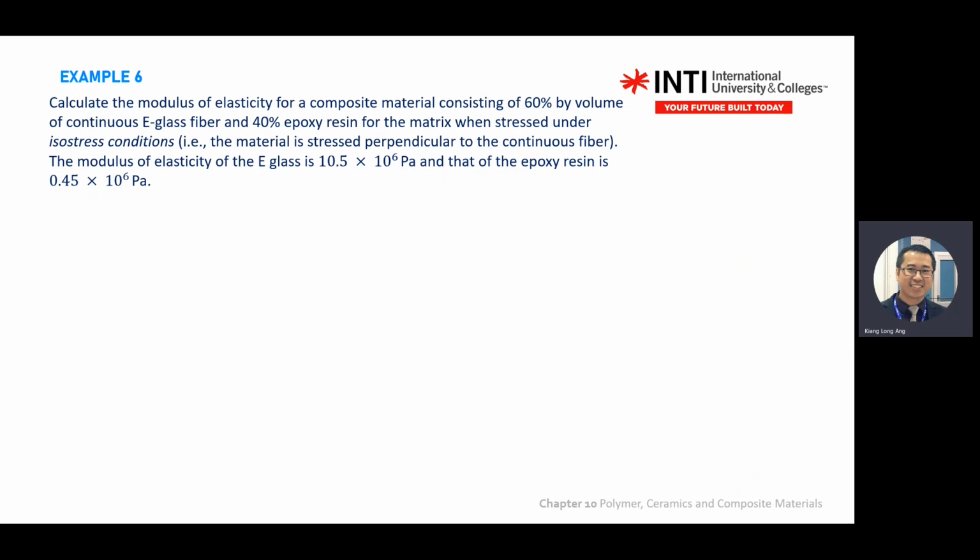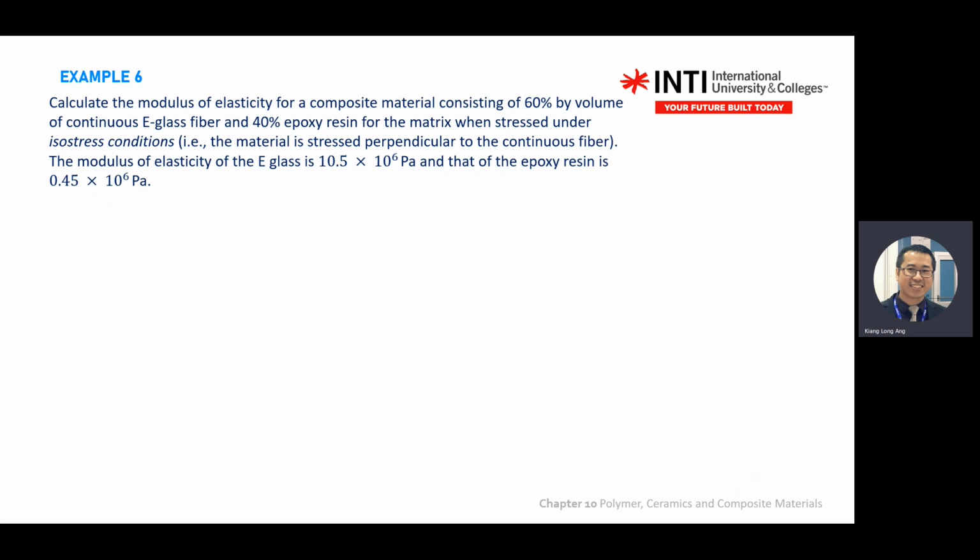Under isostress condition, this one is very specific, it is under isostress. So it'll be helpful if you can sketch or draw out what the isostress or isostrain condition is. So the stress is perpendicular to the continuous fiber, modulus of elasticity E was given for the fiber, epoxy also given.